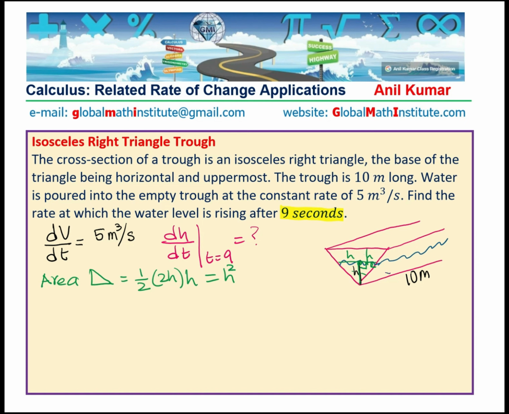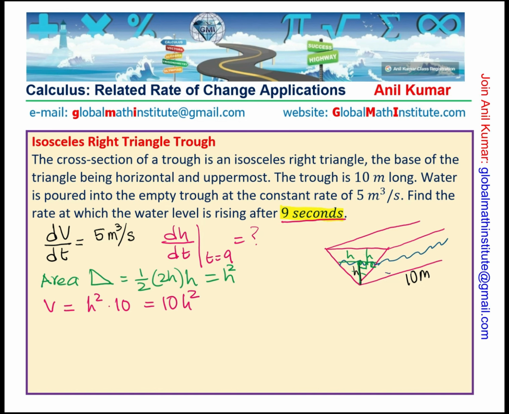So we can now write down the volume expression, which will be area into length. So h square into 10 meters, right? Or 10h square. So that becomes the volume of this particular trough. Now, in 9 seconds, what is the situation?